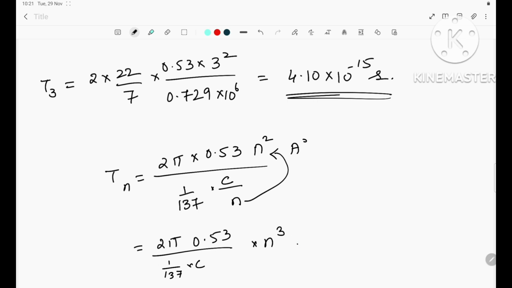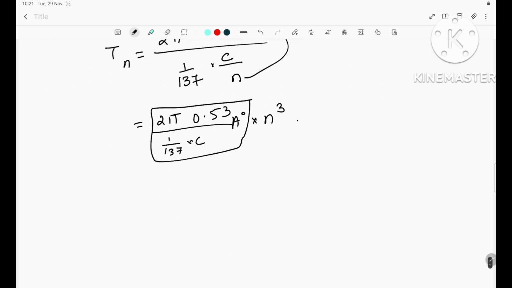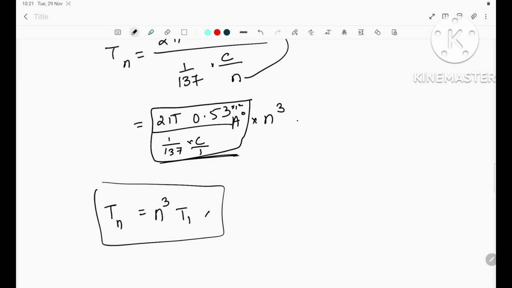When we do this, this is the time period of the first orbit, because here n is 1, even here we are multiplying by 1 square. So this number is the time period for the first orbit multiplied by n cube. So I can write the time period of the nth orbit is n power 3 times the time period of the first orbit.